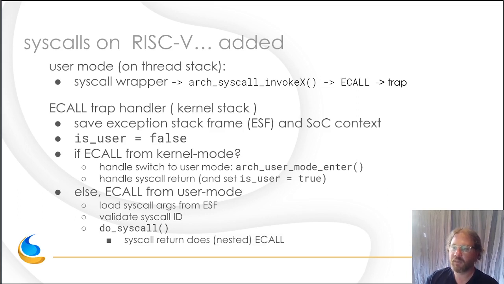And then we actually trigger the system call. This do syscall is the generic Zephyr interface that does the actual work of the system call. When that's done, the system call return path does a nested ecall, and so we end up back in this part here where the ecall actually comes from kernel mode.